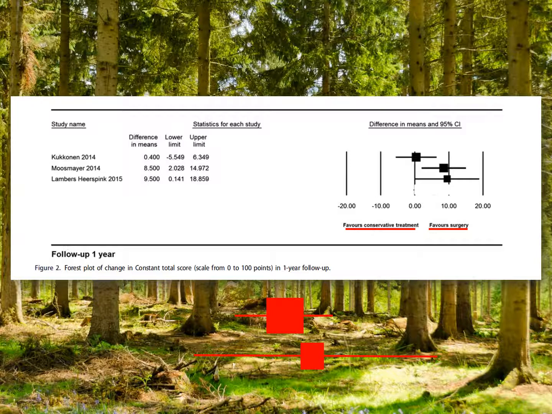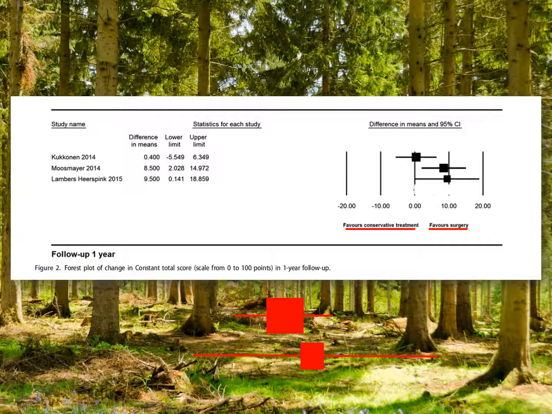And you see here that the rest of the results of the studies are plotted with boxes and the horizontal lines, or the whiskers, along the graph. One thing you notice is that the boxes are different in size. This represents the weight, or the contribution of the study to the results.